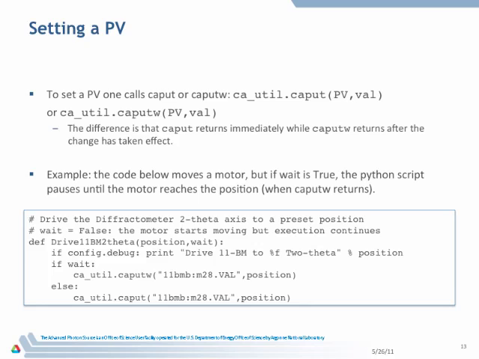The PV corresponding to the 2 theta position is right here, and if this routine is called with a wait, then it's going to drive it and use a caput wait. If this routine is called and wait is false, it'll start it driving, but it won't wait.